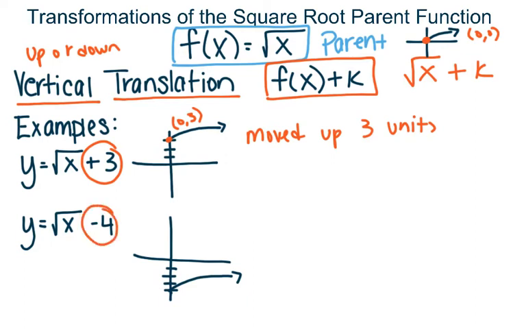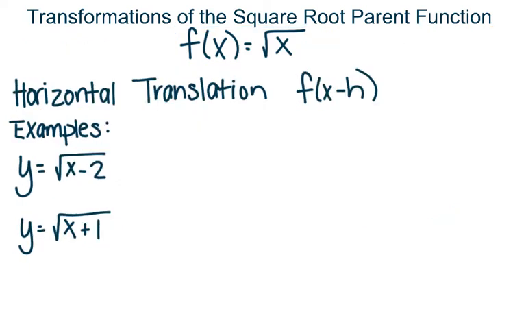This minus 4, it moved the graph down 4 units. Alright, so if you add a number outside the radical, it's going to move it up. If you subtract a number outside the radical, it's going to move it down. That's your vertical translation.